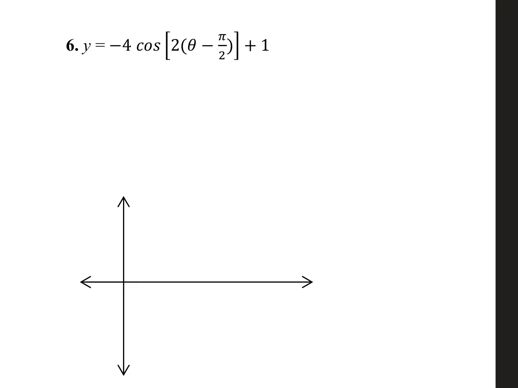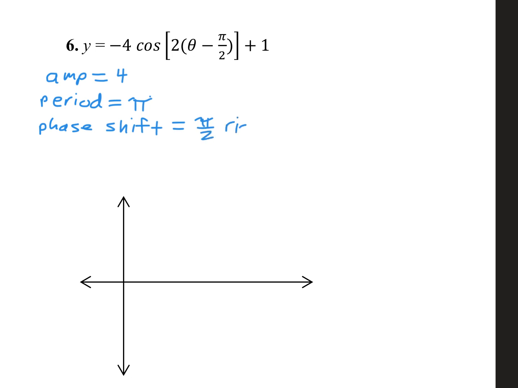All right, number 6, we have an amplitude of the absolute value of -4, which is 4. We have a period of 2 pi divided by 2, which is pi. We have a phase shift of pi over 2 to the right.